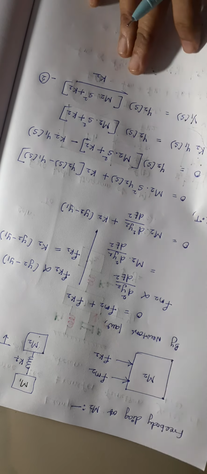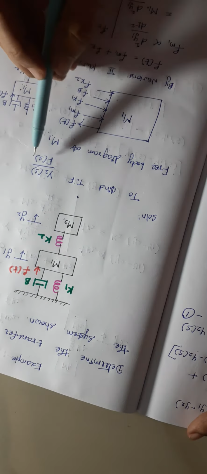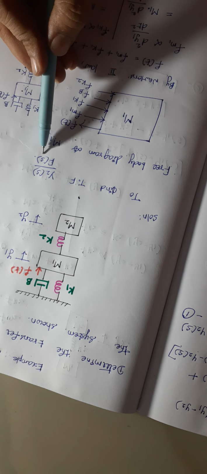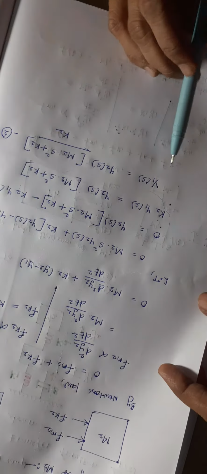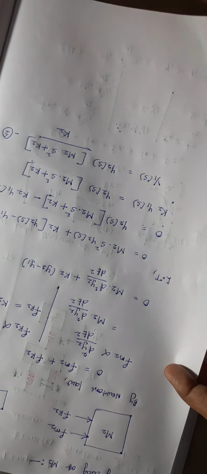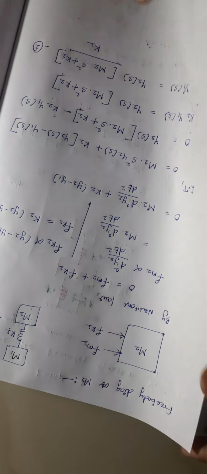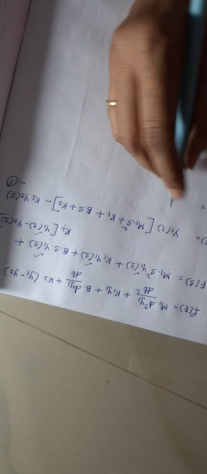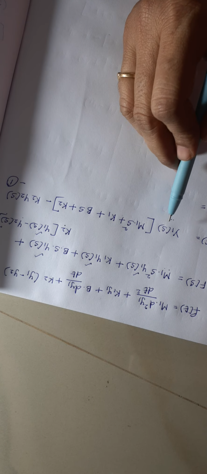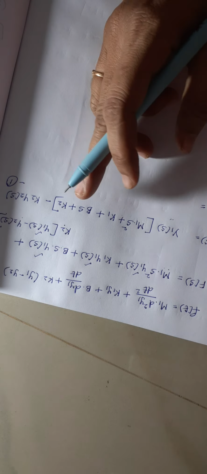Now the transfer function they are asking for is y2 of s by f of s, right? Now I am going to substitute this expression for y1 of s, that is equation number 2, in equation number 1. So when I substitute, equation number 1 gets modified as follows: instead of y1 of s, I am going to substitute in terms of y2 of s, which we get from equation number 2.